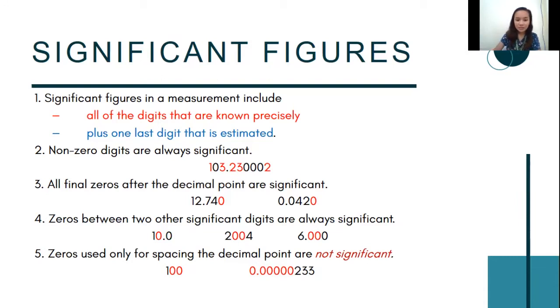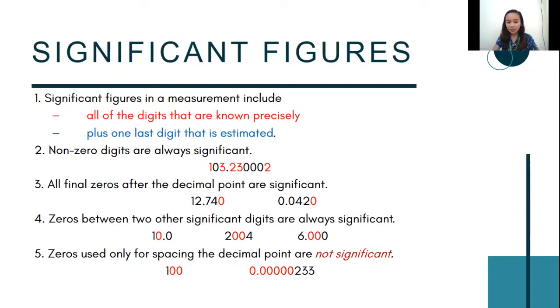So it is still considered as significant. For number 5, zeros used only for spacing the decimal point are not significant. For example, 100, only 1 is the significant number. The 2 zeros are not significant, since this is just a spacing to the decimal point.